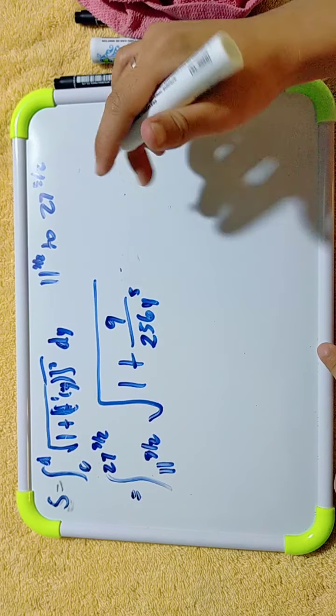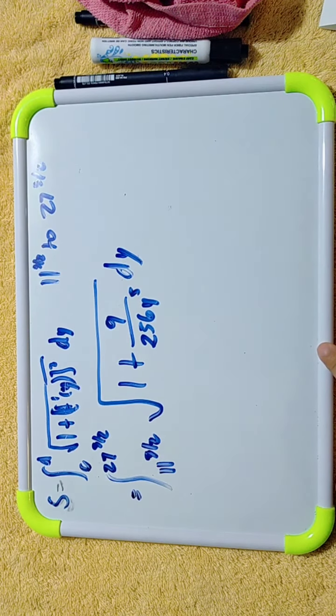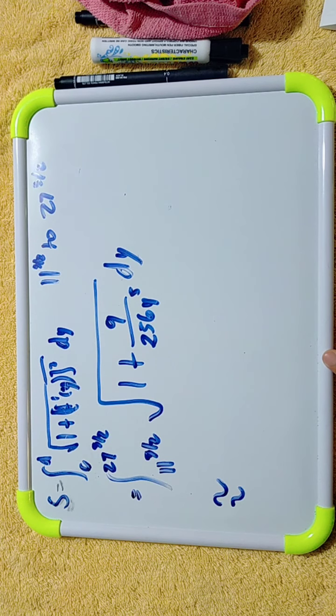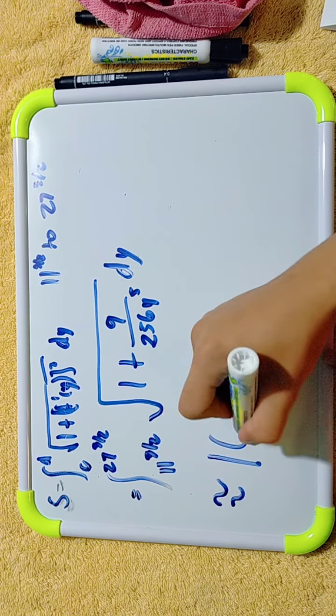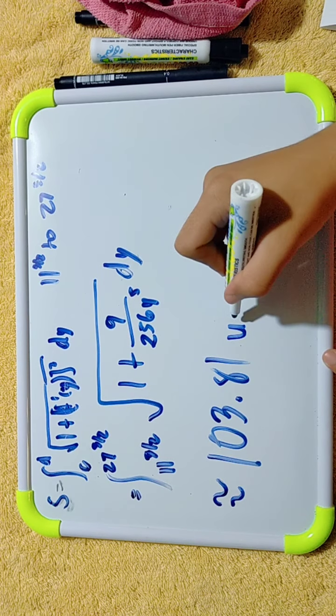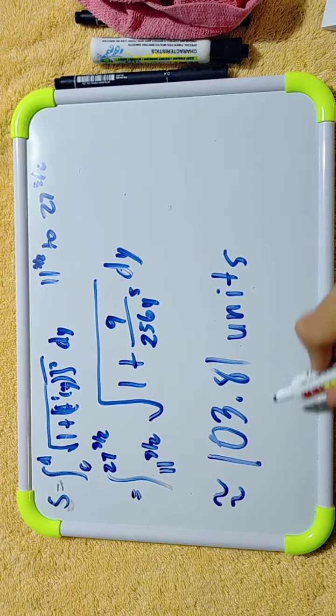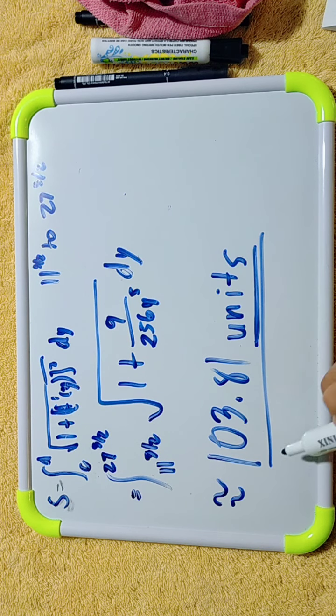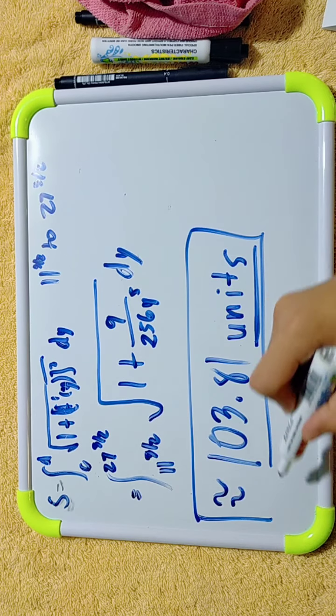We cannot forget dy because it is in terms of y. So, the answer here is approximately 103.81 units. Units only, guys, because we are only looking for length. So, this is our final answer.